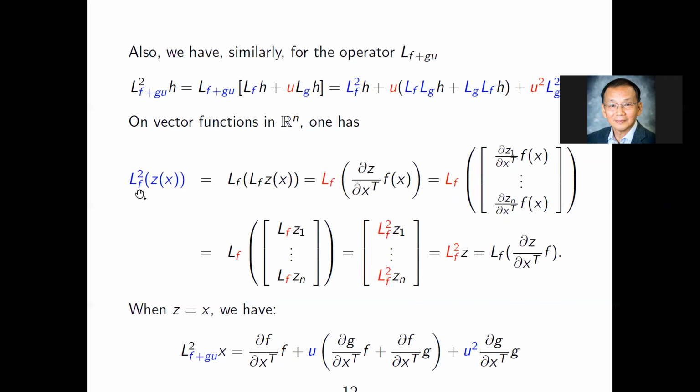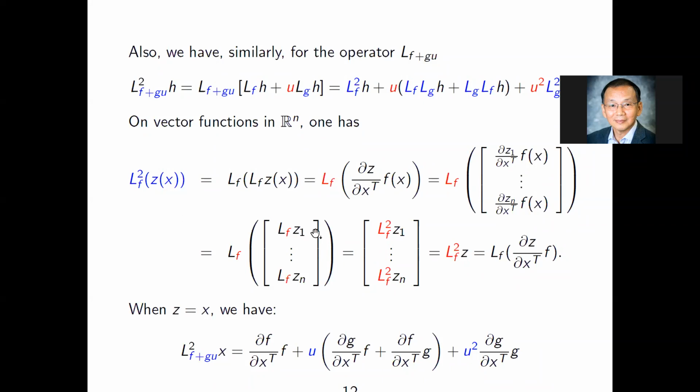And LF squared simply means the directional derivative of a vector that already contains directional derivatives of each of the components of the nonlinear function C, which is a function of the state. So it's very simple to do that and to reiterate the Lie derivative operation in terms of a simple function x.